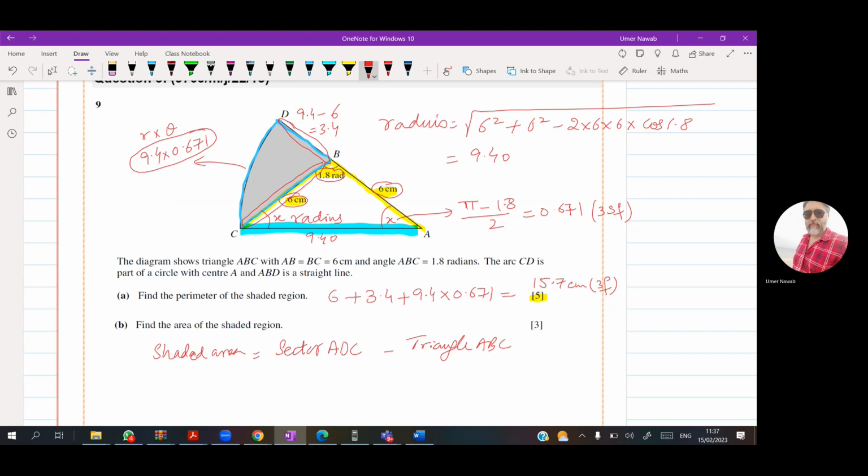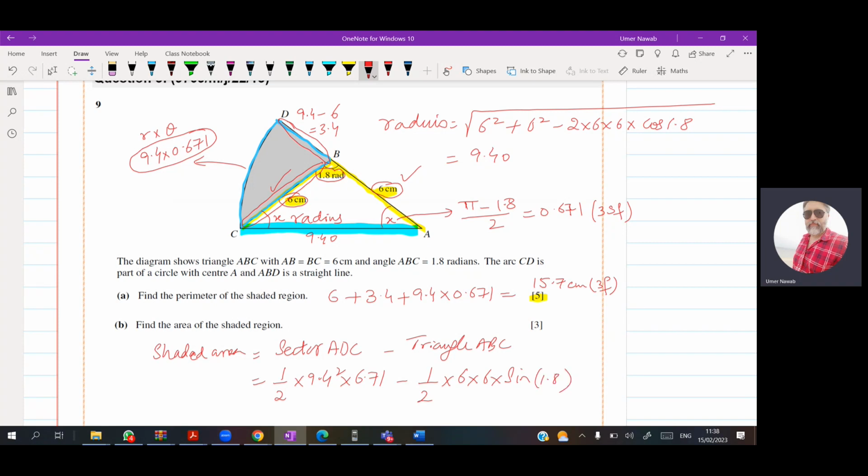The sector is half r squared theta, half times 9.4 squared times 0.671. The triangle, using the trigonometry formula, is half times 6 times 6 times sine of the angle between the two arms.